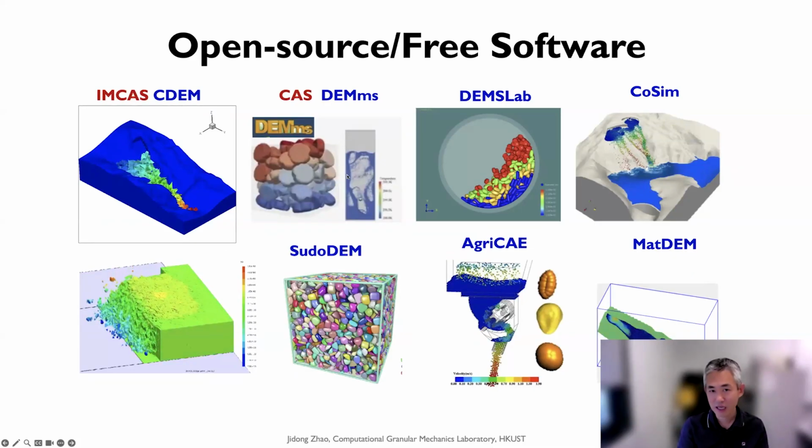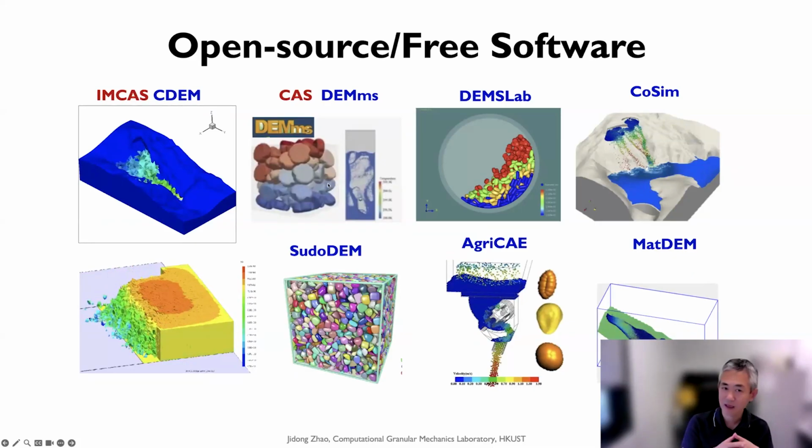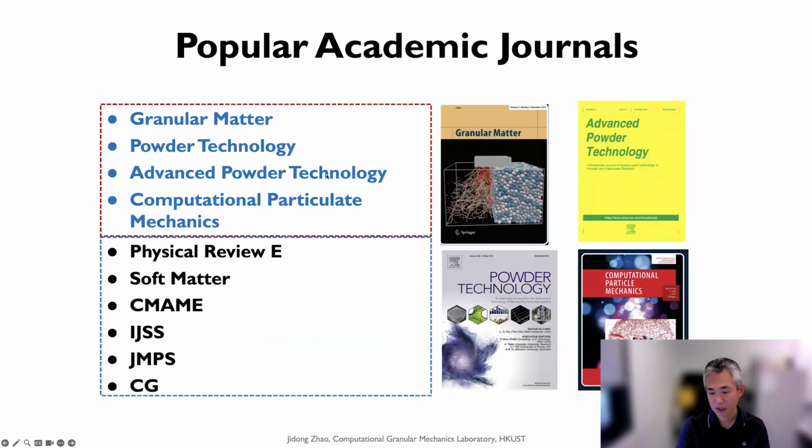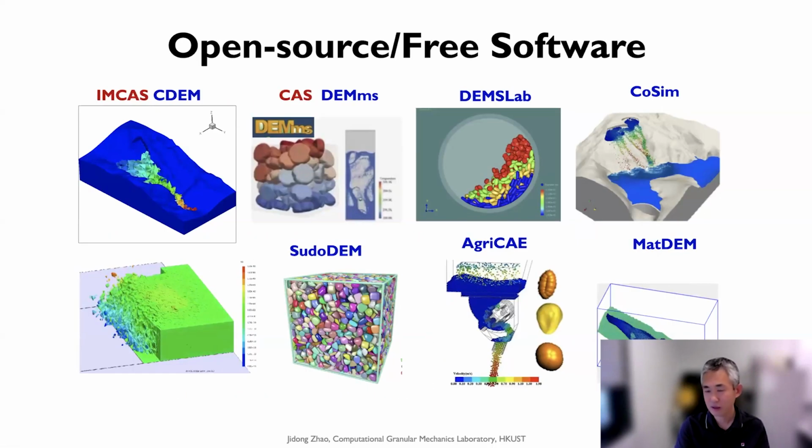And this DMMS is basically for very large scale chemical engineering, like fluidized beds and other simulations, and it also has the capability to couple with fluids like air and liquid here. And this DM lab is another kind of specialized DM here. The cosine is a coupled code, and it can simulate different coupling processes here.